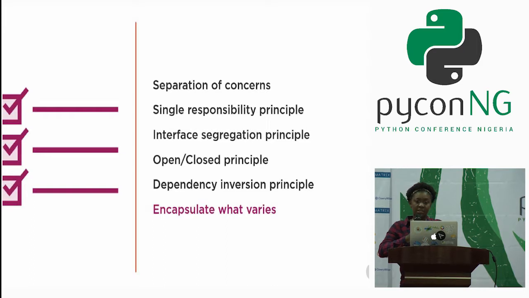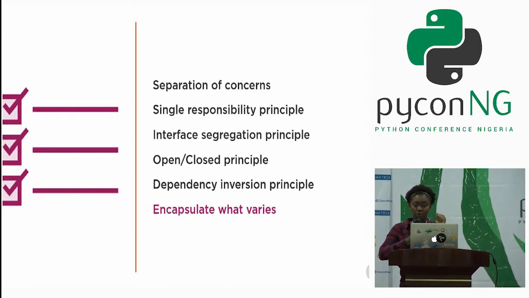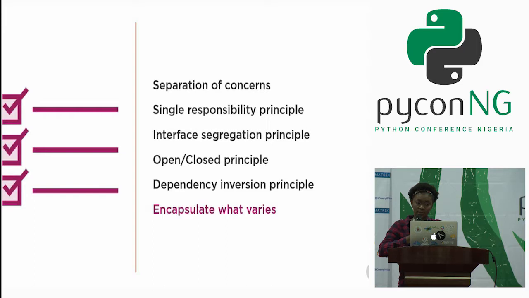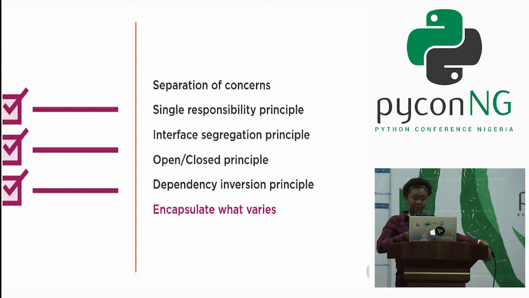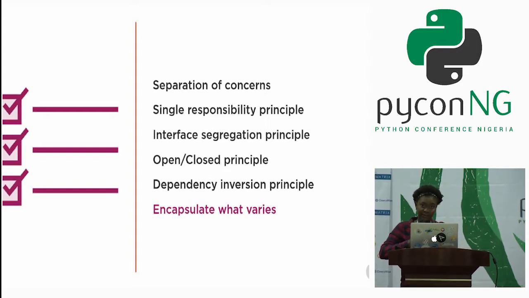It still follows the single responsibility principle, so you do not have to make changes to the whole code if possible. It also supports the interface segregation principle, the open-closed principle, the dependency inversion principle, and encapsulate what varies.